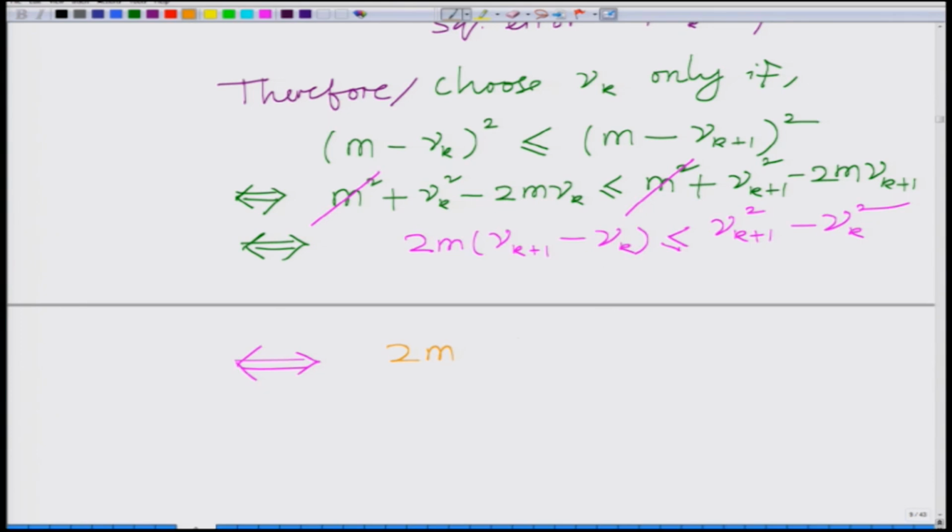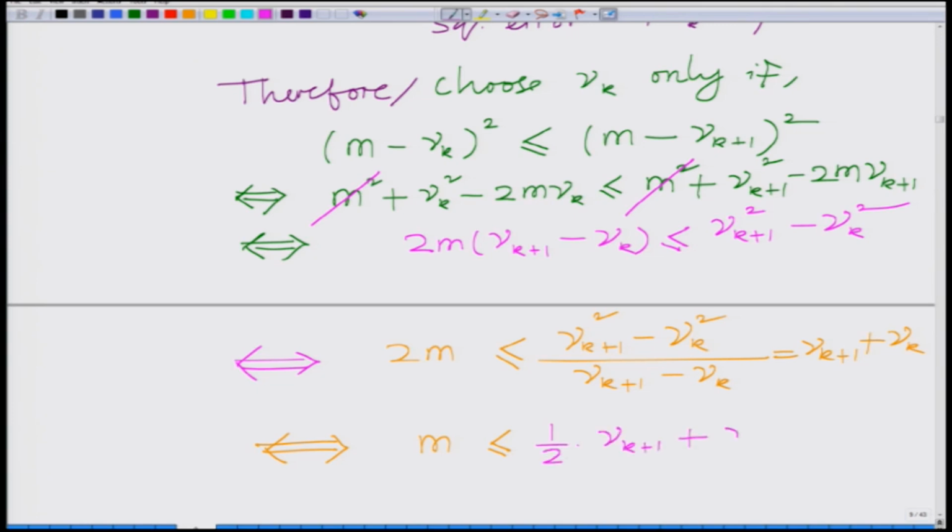Note that nu k plus 1 minus nu k is positive, so 2 m is less than or equal to nu k plus 1 square minus nu k square divided by nu k plus 1 minus nu k. You can verify that this is simply nu k plus 1 plus nu k, which is implied by and implies m less than or equal to half of nu k plus 1 plus nu k.